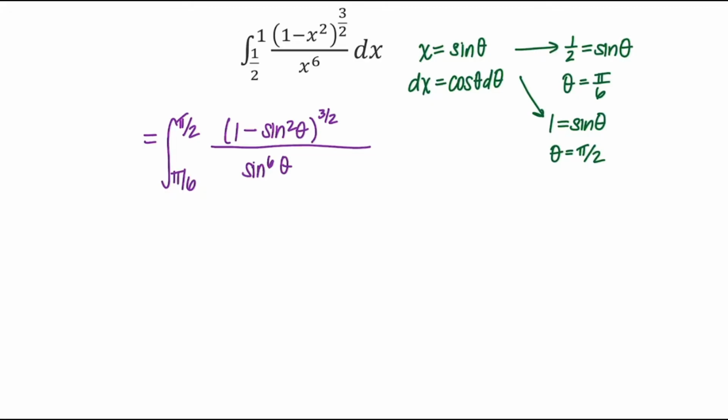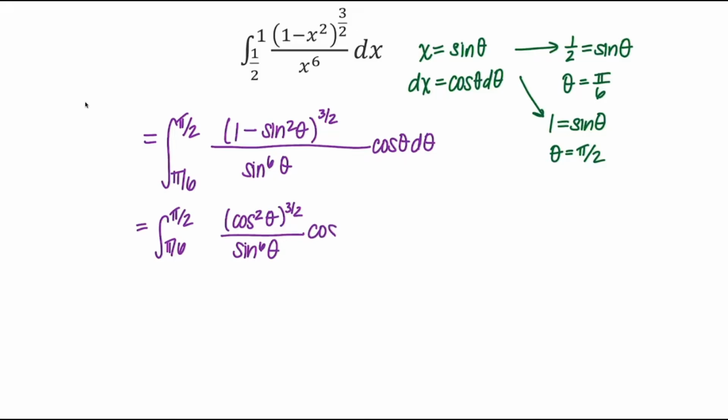And then dx is cosine theta d theta. 1 minus sine squared theta is cosine squared theta. So I have pi over 6 to pi over 2, cosine squared theta to the 3/2, and then over sine to the 6th theta times cosine theta d theta.